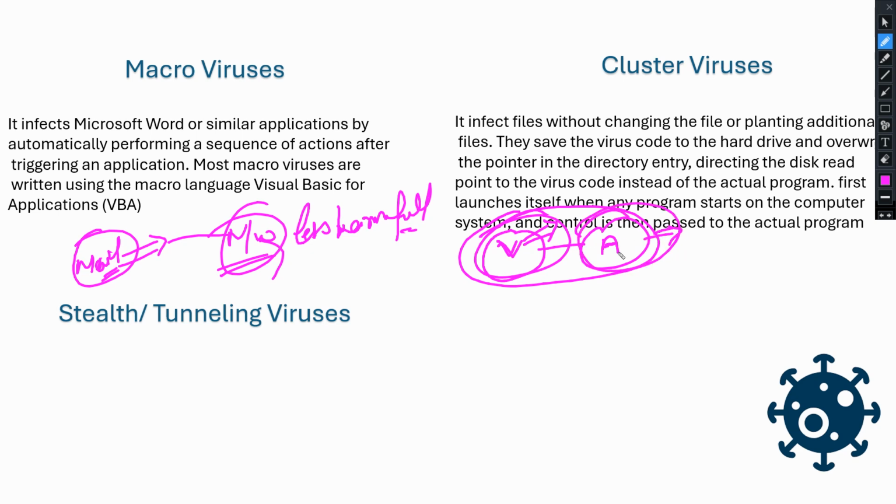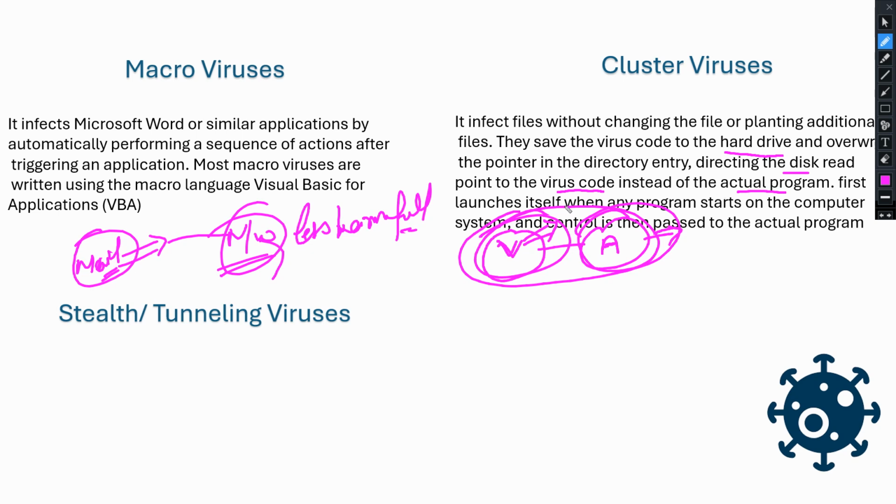Okay, so in this case, what happened? Virus code is saved in the hard drive. Okay, and the disk reads are directed to point to the virus code instead of the actual program.